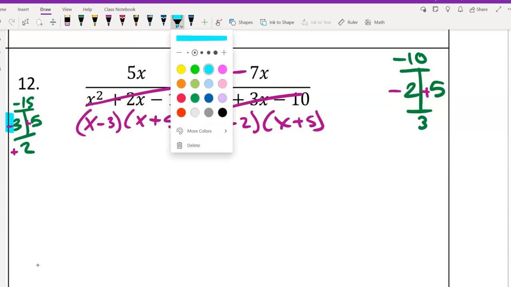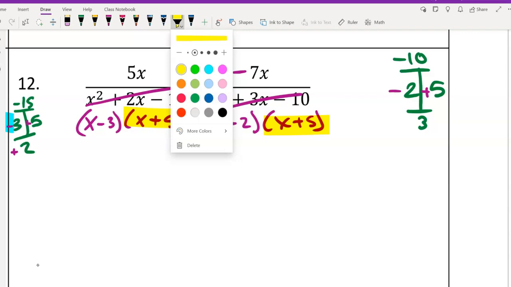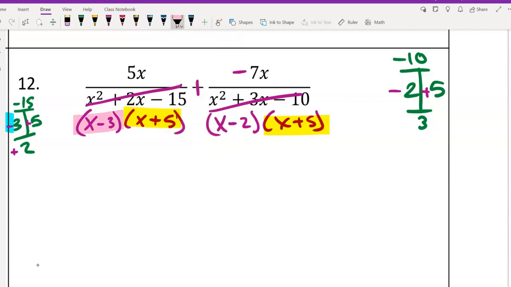Okay, now let's see what we got. On both denominators, we already have x plus 5. But on the left, we have x minus 3, which we don't have here, so we're going to need that here and here. And on the right, we have x minus 2, which we don't have on the left, so we're going to need that here and here.